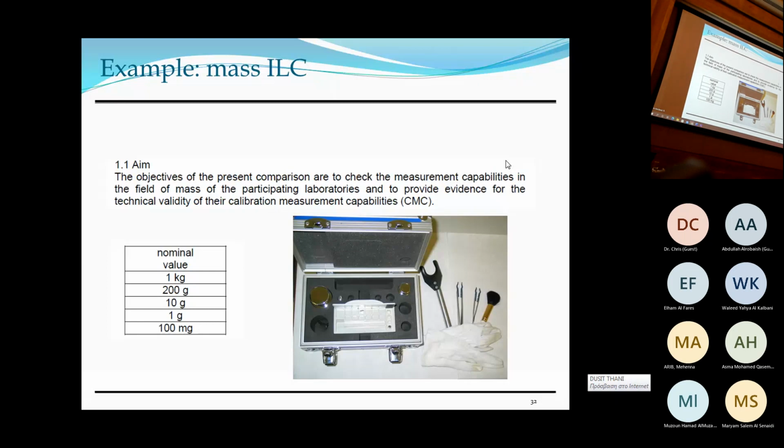Will they be multiple choice? Yeah. Well, what other way would it be? Without calculations, how can you do an uncertainty estimation?